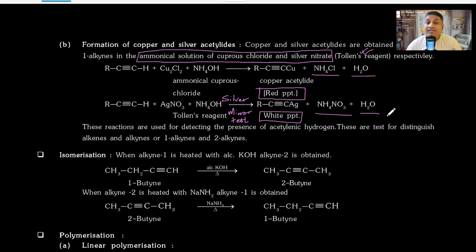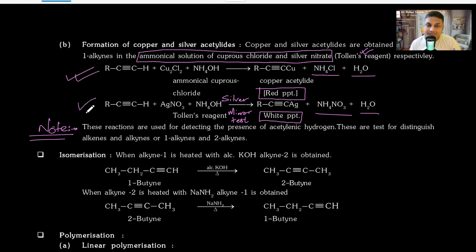Why do we use these reactions? Again, a note point here, very important note point. This hydrogen, which is connected to a terminal alkyne, is called acetylenic hydrogen. Acetylenic hydrogen. The test for this, or detecting this acetylenic hydrogen, basically detecting a terminal alkyne or differentiating a terminal alkyne from a non-terminal alkyne, we go for these reactions.